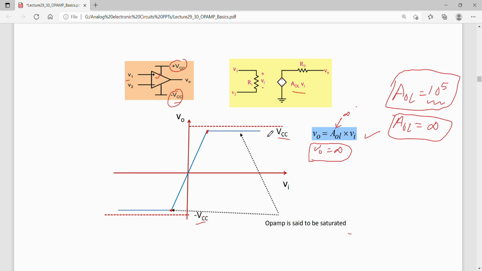If I draw output versus input, as the input increases the output increases up to a point only. After that it saturates to plus VCC and minus VCC, and we say the op-amp is saturated because the output is saturated to the plus minus VCC power supply.